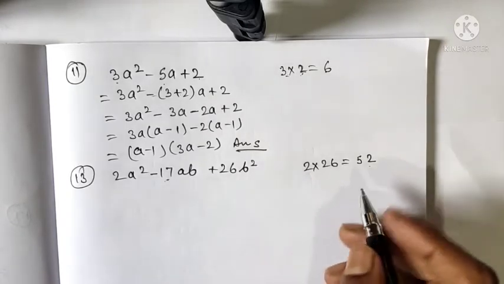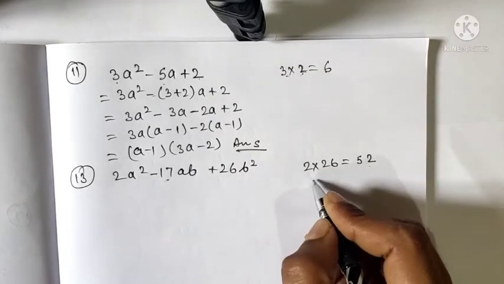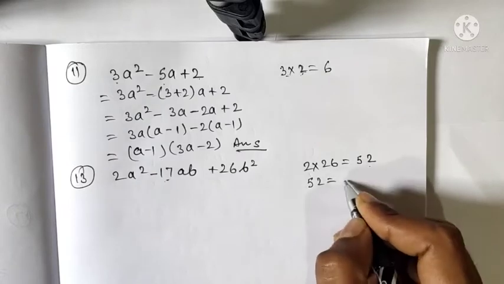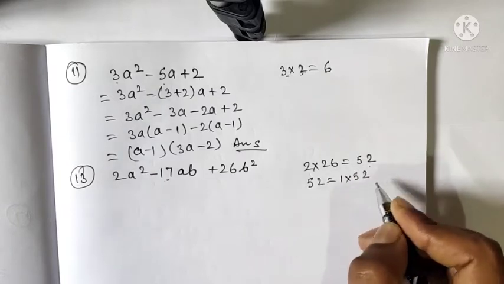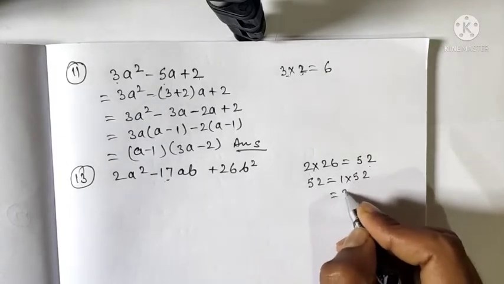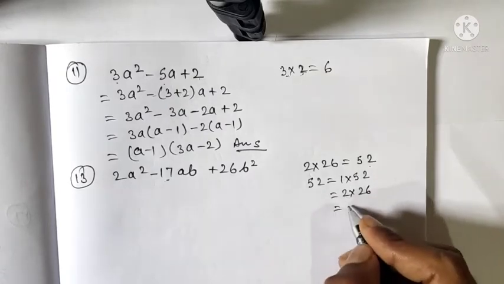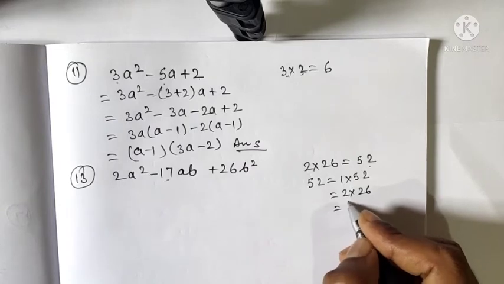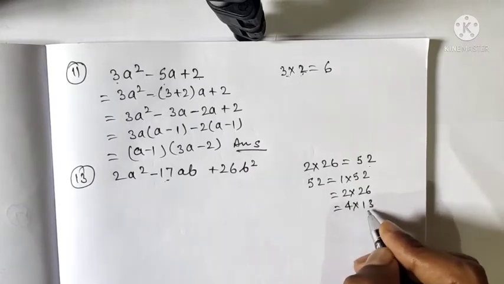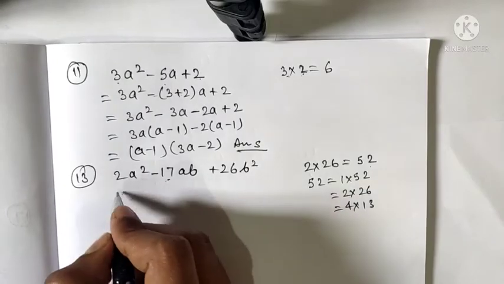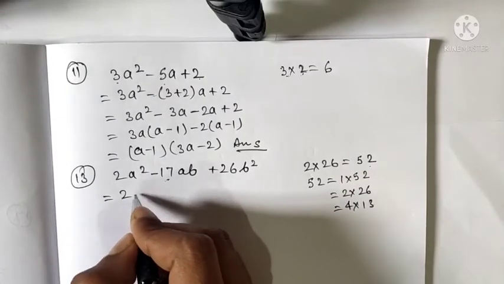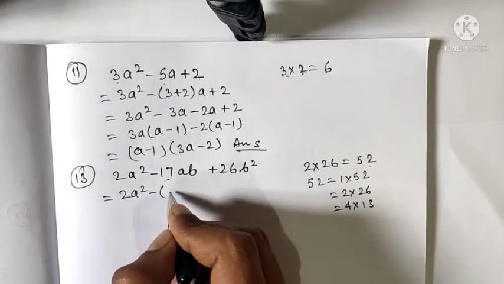As we know, 52 is equal to 1 into 52, but the sum of 1 and 52 is 53, and 52 is also equal to 2 into 26, but the sum is 28, and also 52 is equal to 4 into 13, and 13 plus 4 is equal to 17, so we will replace 17 by 13 plus 4.